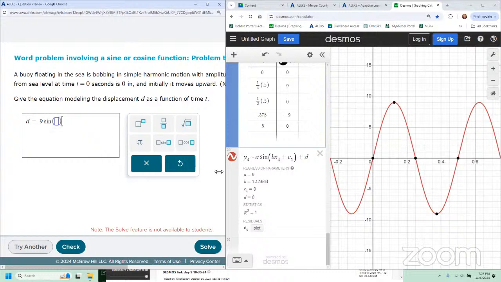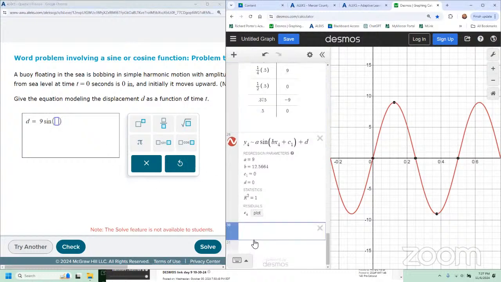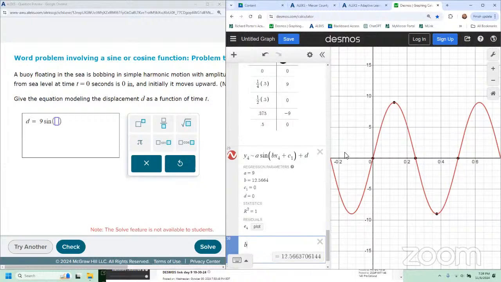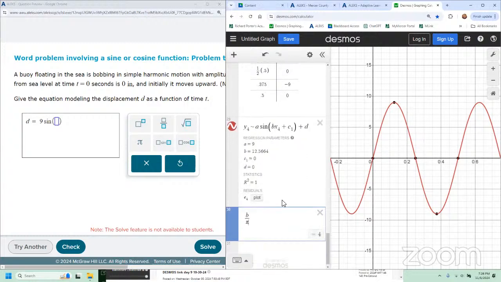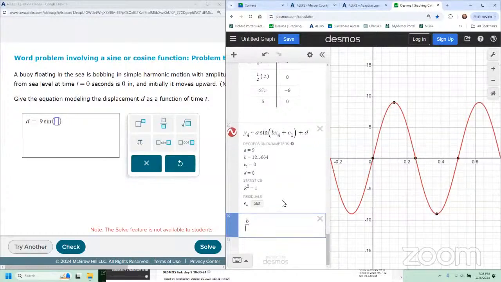So how do I know what B is? The little b. How do I find out what that is? Anybody? Genesis, what do I do? Divide by pi. So that's 4. So what is B equal to then?